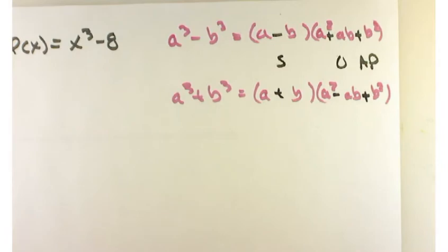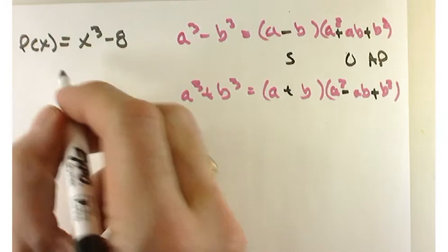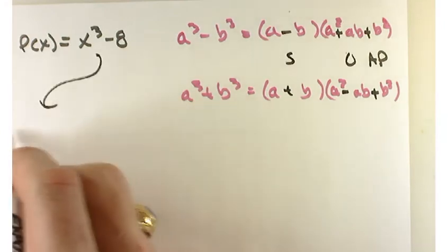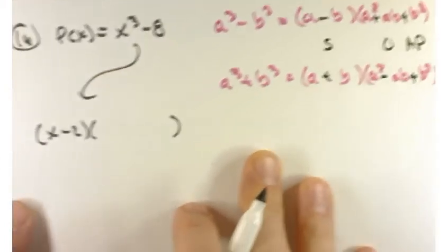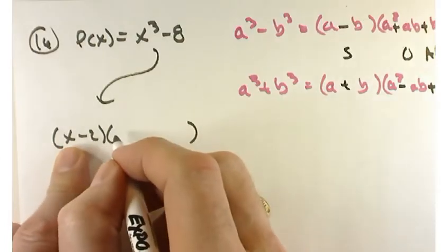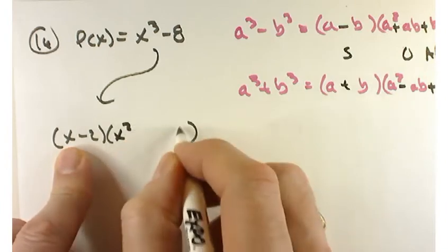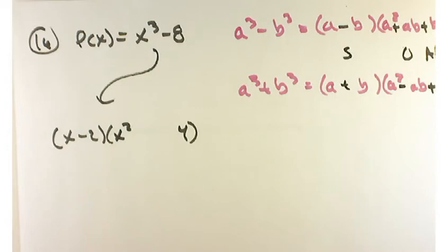All right, well done. Now, why do I care about that? Well, because this is going to factor just like that. It's going to factor as x minus 2. And then remember, as before, you want to take and square the end term, so it's going to be x squared and then 4. What's going to go in the middle?